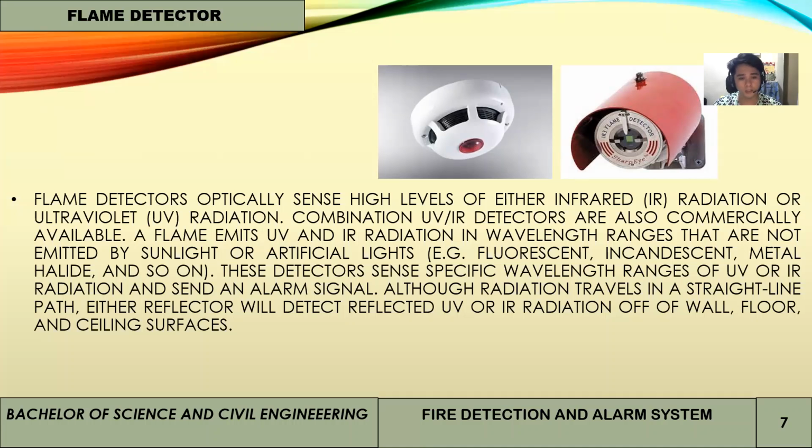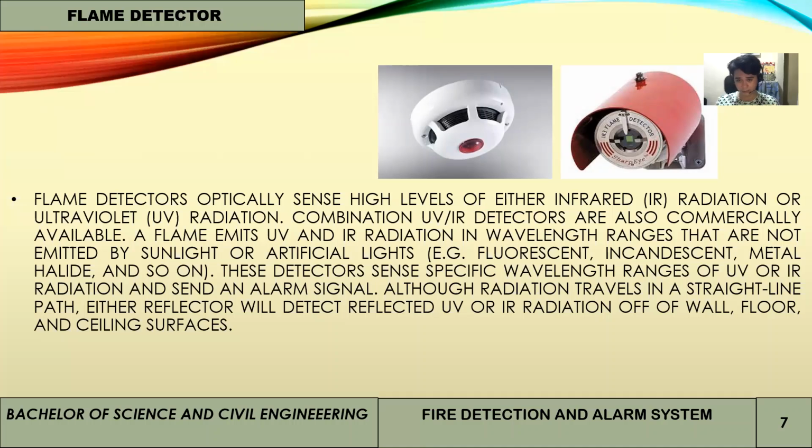A flame emits UV and IR radiation in wavelength ranges that are not emitted by sunlight or artificial light. These detectors sense specific wavelength ranges of UV or IR radiation and send an alarm signal.